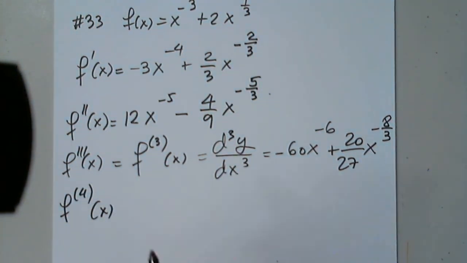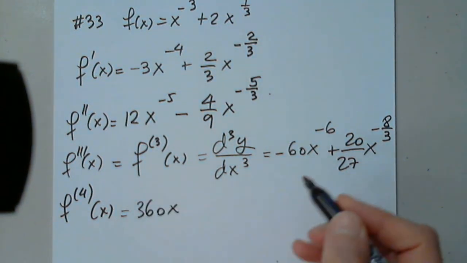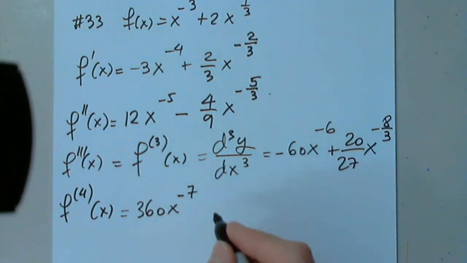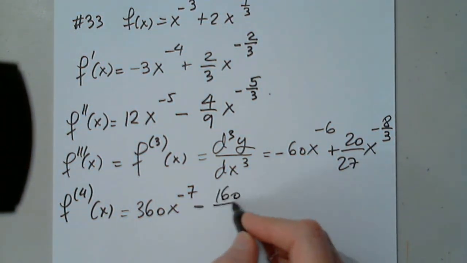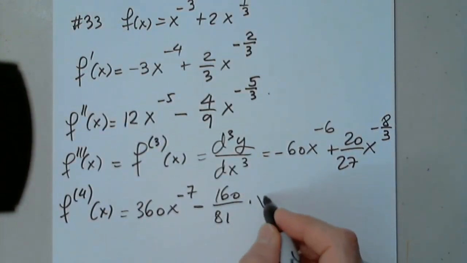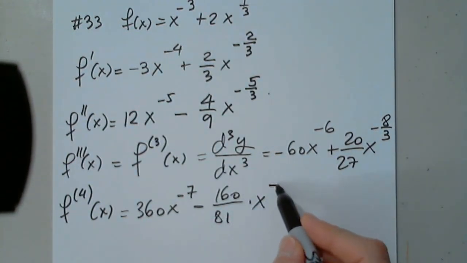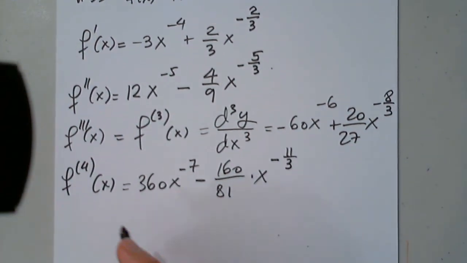And then the 5th. Bring down the power, subtract 1 from the power. What is this? 81. Last one.